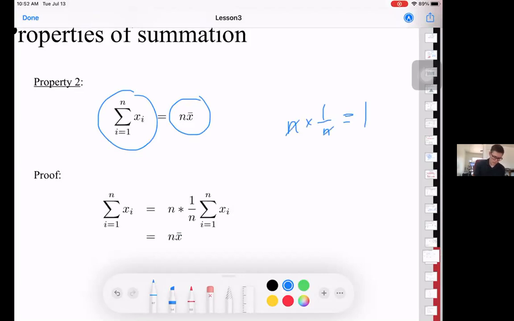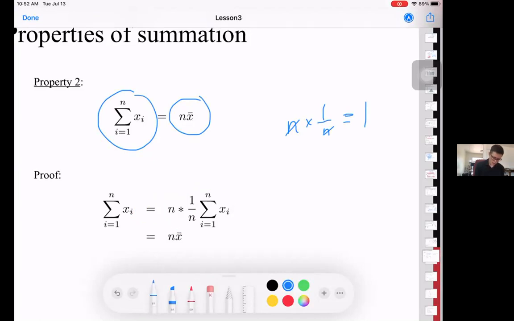Sometimes we multiply by 1 because it doesn't change anything, but sometimes it clarifies something that's going on. So we're going to multiply this whole thing by 1 in the form of n times 1 over n. That's how you can see that the left and the right side are equal.